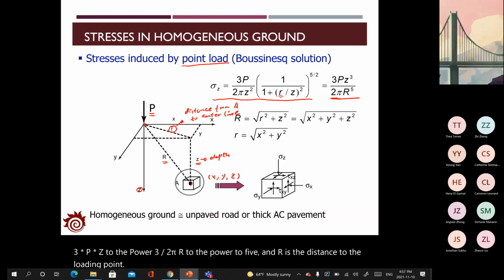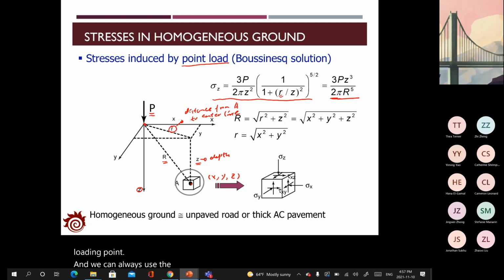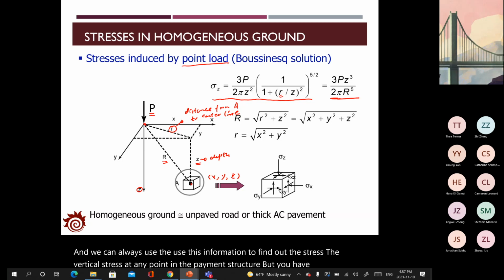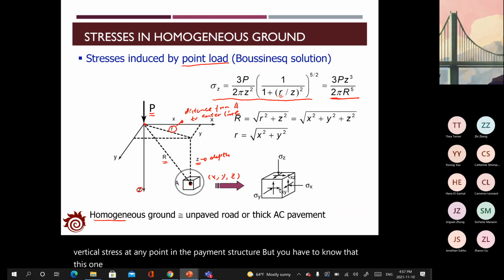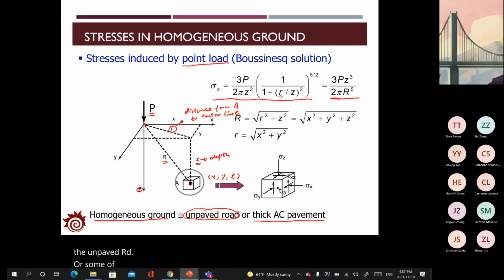We can always use this to find out the vertical stress at any point in the pavement structure. But you have to know that this only applies to the homogeneous ground. In reality, you can assume the unpaved road or some very thick asphalt concrete pavement will have the homogeneous ground.